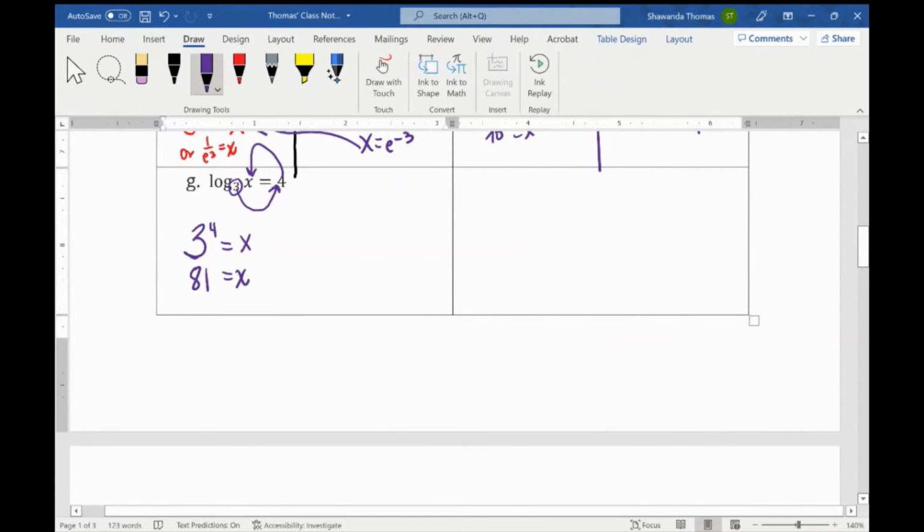That's changing it to exponential form, which is my favorite way of doing it. But of course, you can always use the inverse property. We're going to use 3 this time because the base is 3, and that's the only way these two things will cancel. So again, 3 to the 4th, which is 81, we end up at the same step. Let's move on.